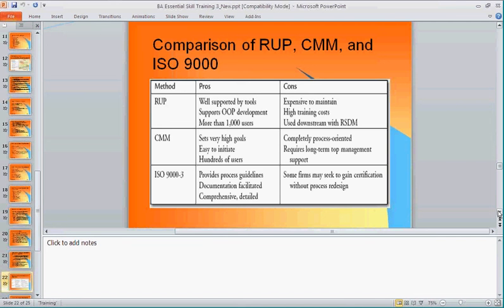Now CMM, of course, every 3 years you must get recertified, reappraised, right? There is a fee that you must pay. However, on a project basis, are you spending the same amount of money per project as you are per project using RUP? No, right?